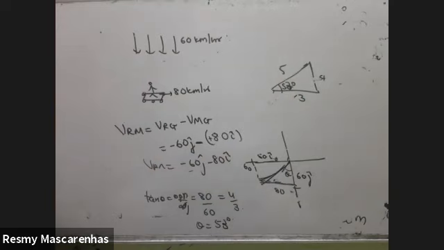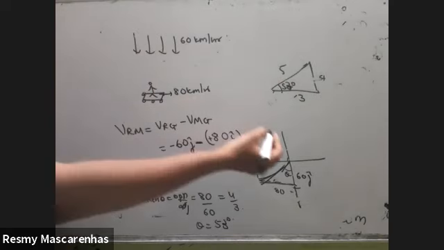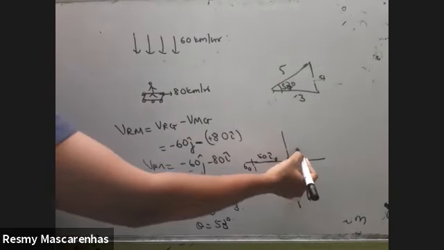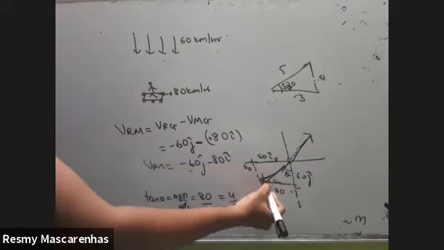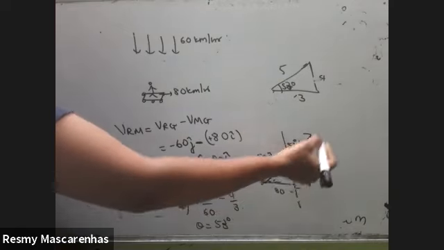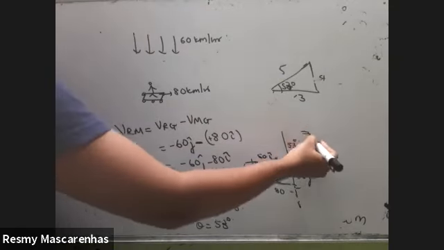Now can anyone tell me which angle the man will hold? What is the angle? In which direction? On the opposite direction. This is your main vector, so this will be 53.